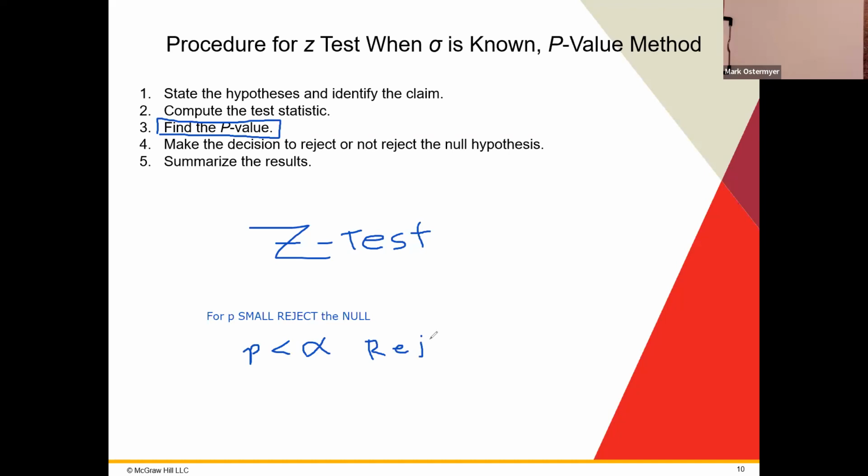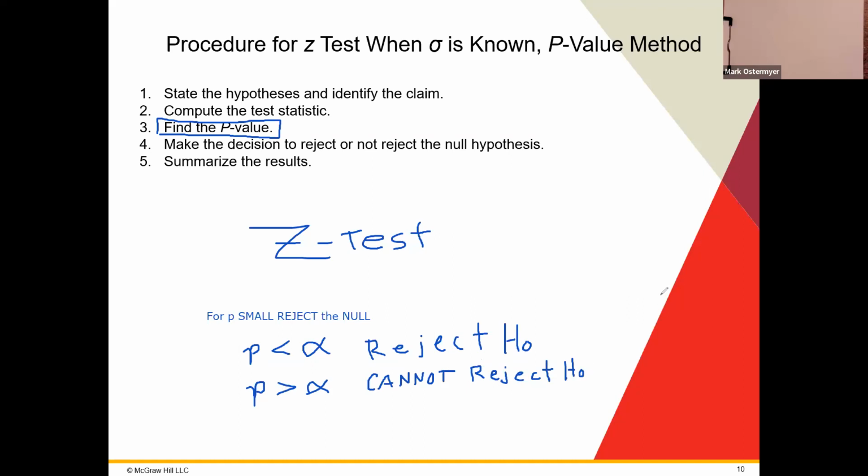If your p-value is larger than your level of significance, then you cannot reject the null, or you fail to reject the null hypothesis. So that's the way it works, ladies and gentlemen, with the p-value.